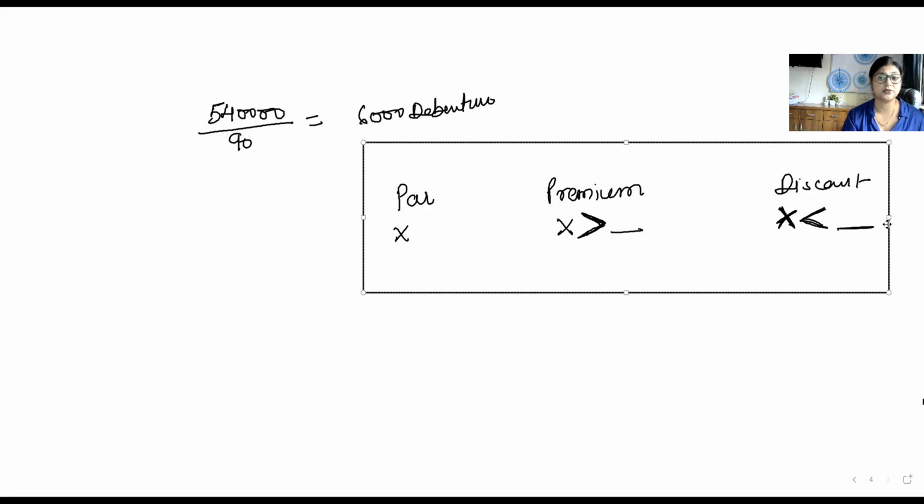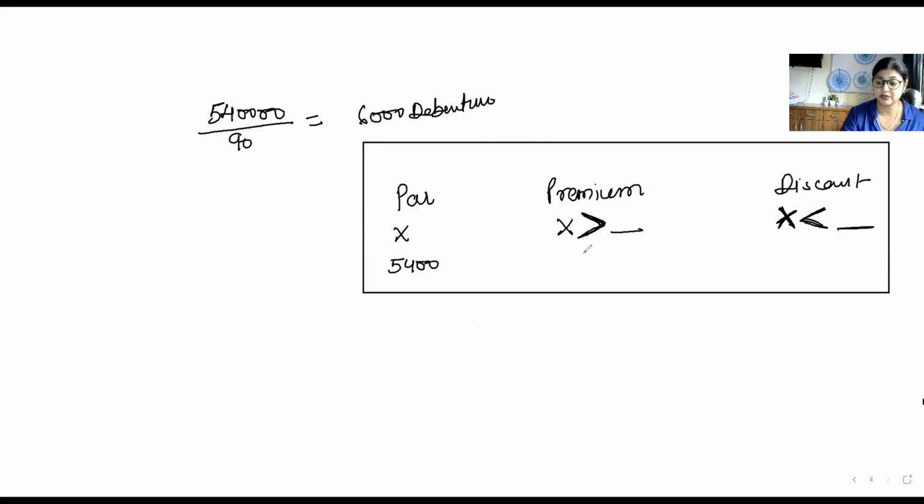With this, you can verify whether your answer is correct or not. Like in this case, when we issued debentures at par, that was 5,40,000 divided by 100, so the number of debentures came to 5,400 in this question itself.